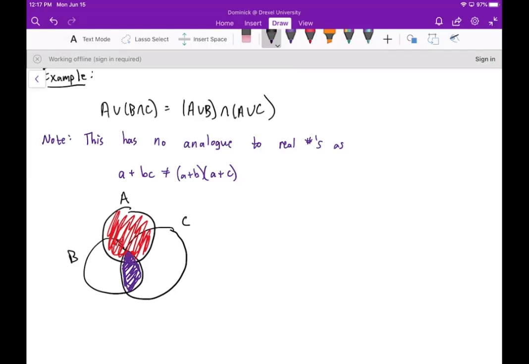Now, if we look at the right side, let's see what we have.